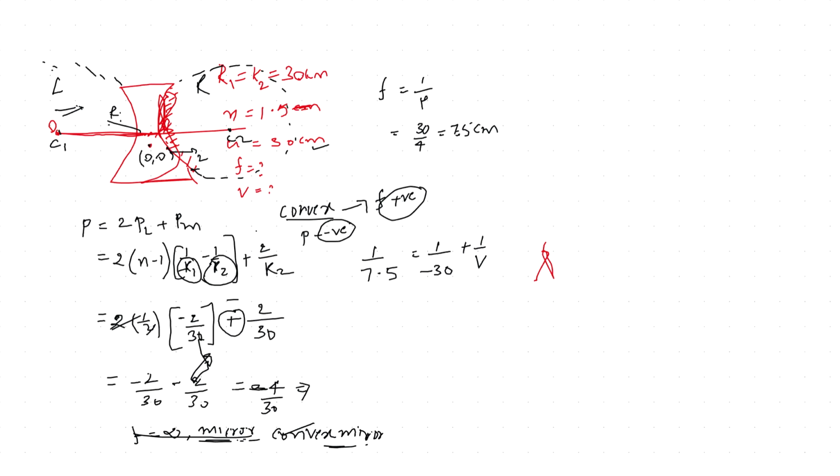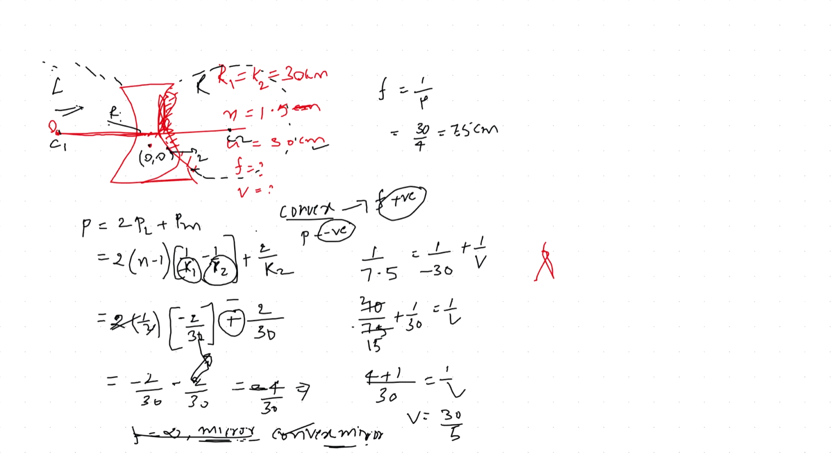So this will become 10 by 75 plus 1 by 30 is equal to 1 by v. 5 2s are 10, 5 15s are 75. That equal to, LCM is 30. So 2 2s are 4, plus 1 is equal to 1 by v. So v is equal to 30 by 5. That is equal to 6 centimeters.